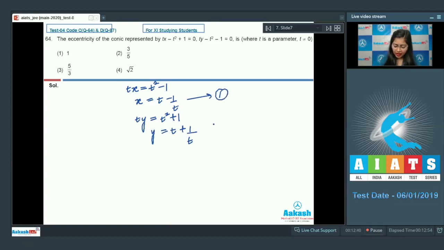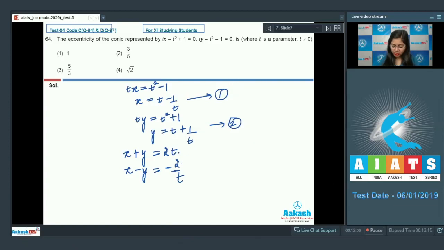Now, if I add equation 1 and 2, then what will we get? x plus y equal to 2t, right? Also, if I subtract equation 1 and 2, we will get x minus y equal to minus 2 upon t. Now here, to find the conic, we have to eliminate the parameter t.